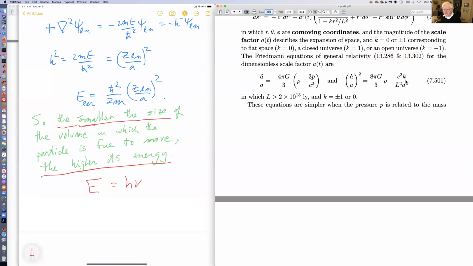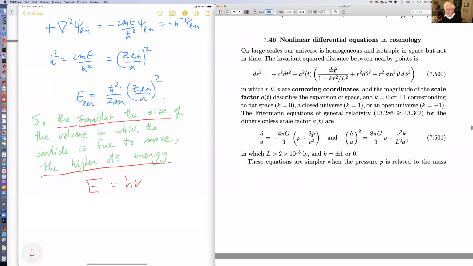And in fact, you set k equal to 0. If you have a mass density that's sufficiently high, a gets arbitrarily high. There's no limit to the rate at which points in physical space can move apart. That doesn't mean that they're moving faster than the speed of light. It means they're moving apart faster than the speed of light.